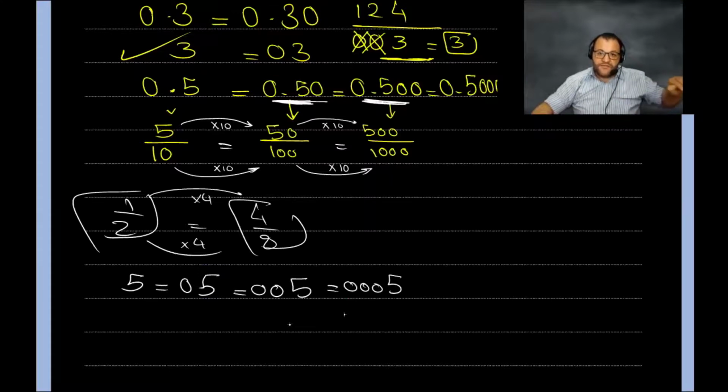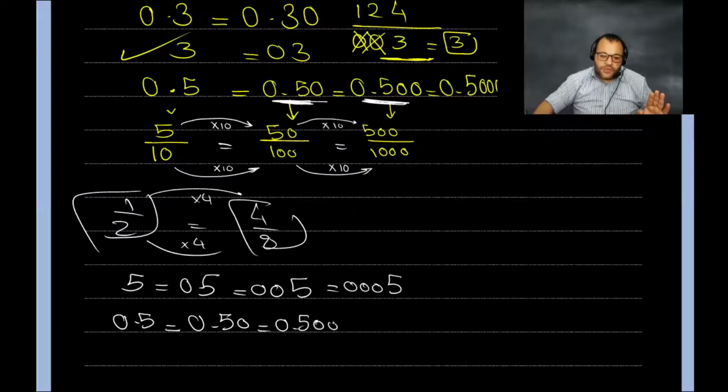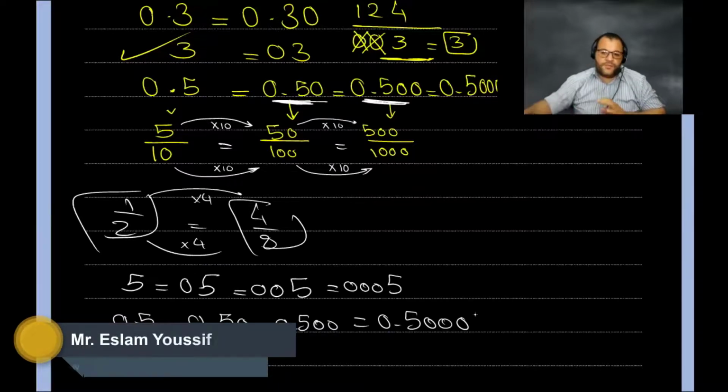So zeros at the left of the number don't change the value. And 0.5 is the same as 0.50, the same as 0.500, the same as 0.5000. If you add zeros at the right of the decimal, the value of the decimal number will be the same. You understand now the difference between them? Yes. Okay. Thank you, Mr. Welcome.